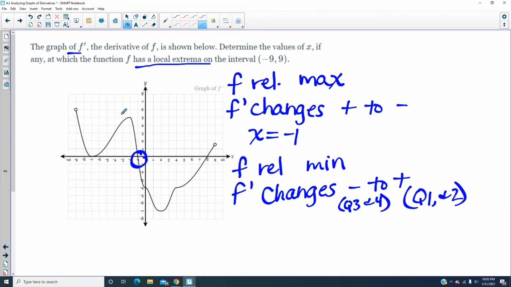All right, so is there anywhere where my graph of f prime goes from negative to positive? Right here at x equals 8. Now, since the question asked for the local extrema, that means that they're wanting relative maximums and minimums all together. So I would enter as my answer x equals negative 1 and 8.